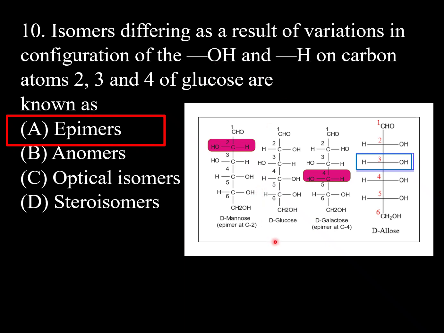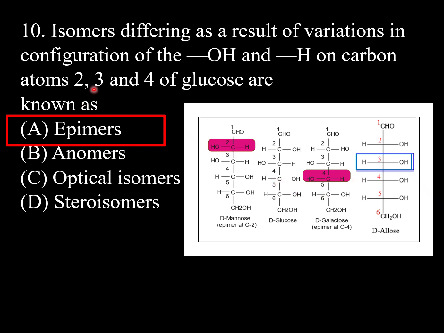If you see here, this is the structure of glucose, with carbon number 1 to carbon number 6 labeled. The first example is mannose. Mannose differs at only carbon number 2. So mannose is an epimer of glucose at carbon number 2, with only a variation of the hydroxyl group at carbon 2.